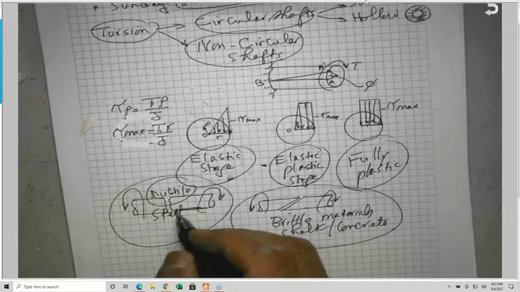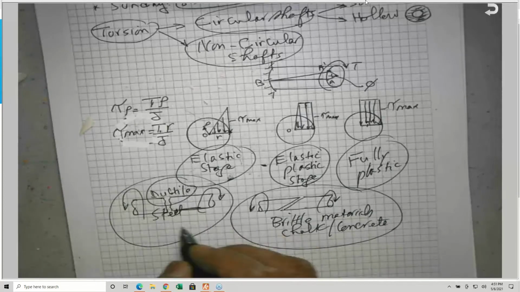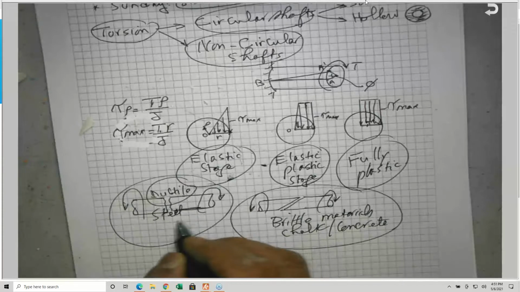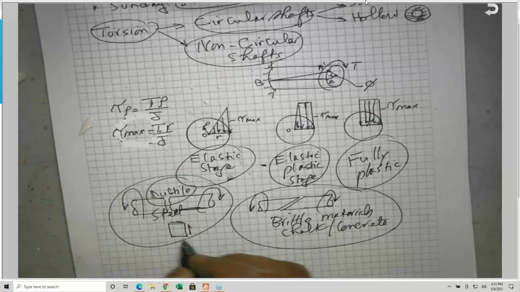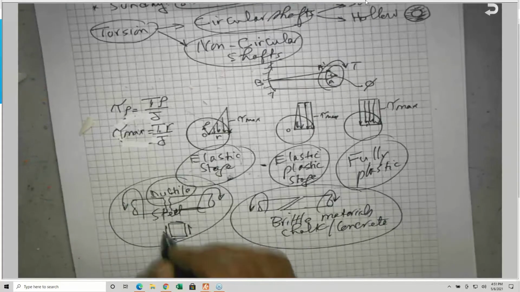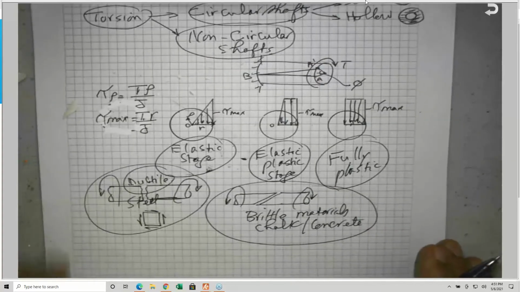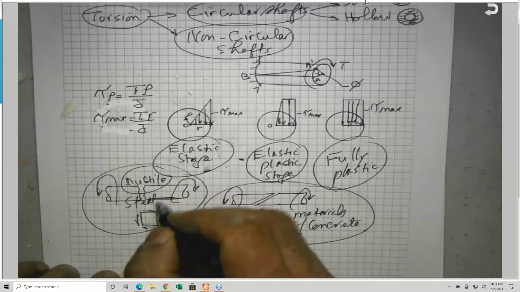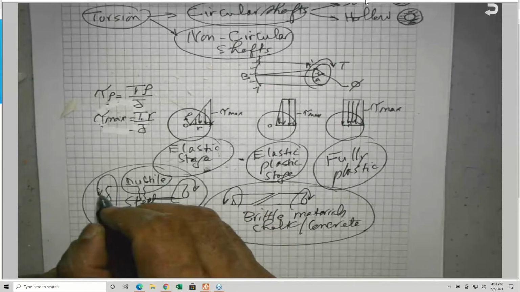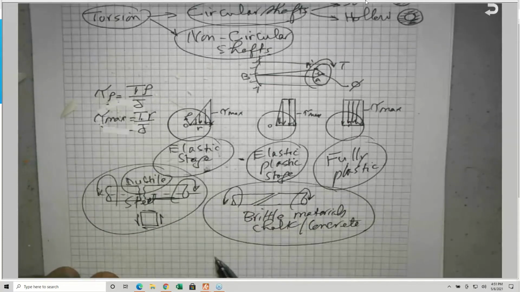By the way, if you look at the shear stress on this element, you'll find that the shear stress, either in this direction or this direction, both of them are equal. So the failure mode here, which is perpendicular to the axis of this shaft, is because of the shear stress.